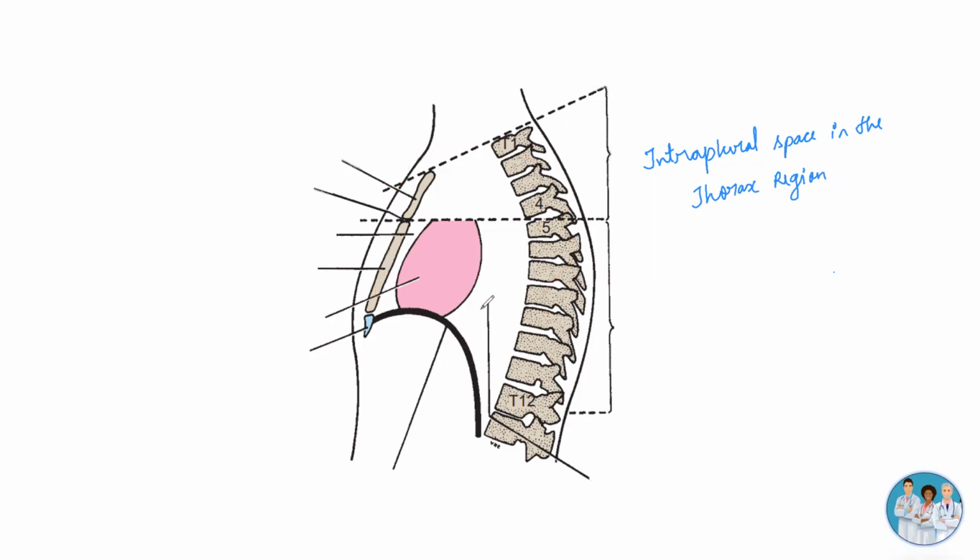The pleural space is known as the mediastinum, and the mediastinum is divided, as you can see from the diagram. Let me mark here.